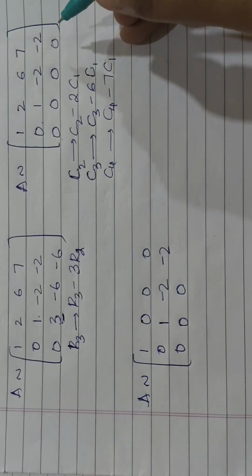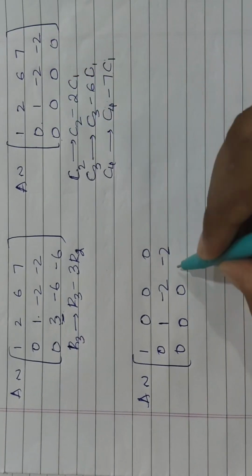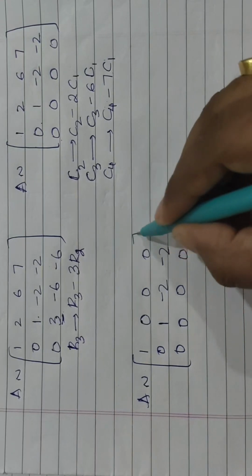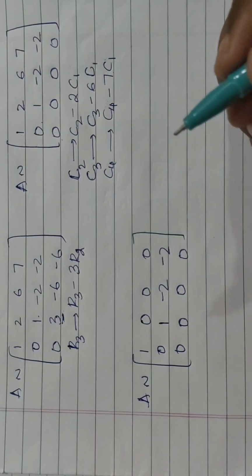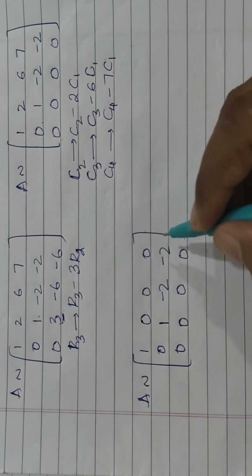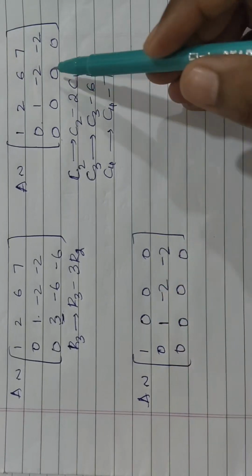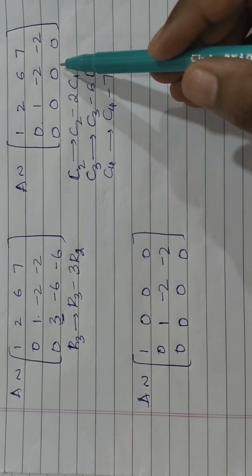Next it is 0 minus 7 into 0, which is again 0. So this is the first step once the given matrix is reduced to echelon form.